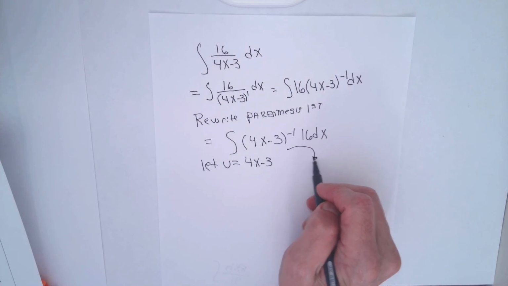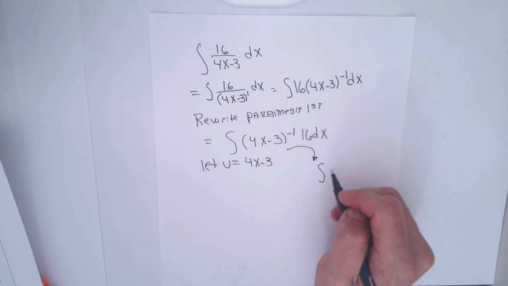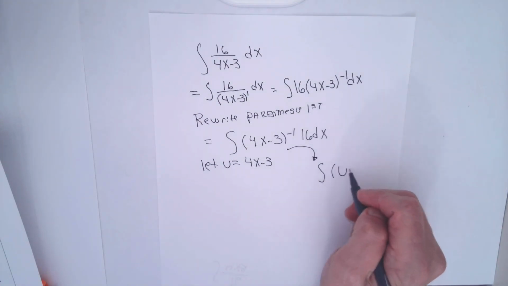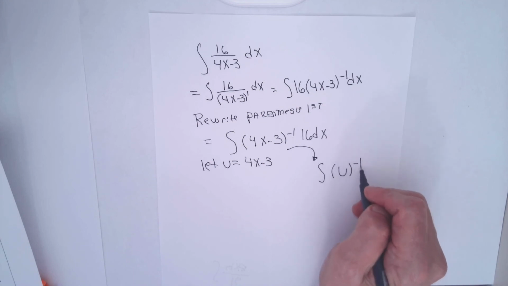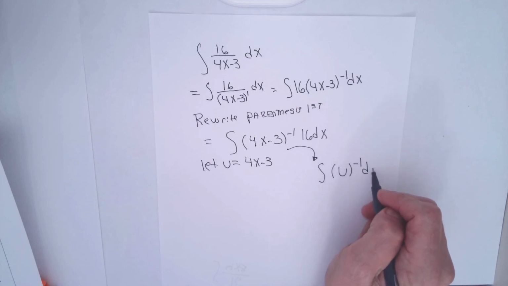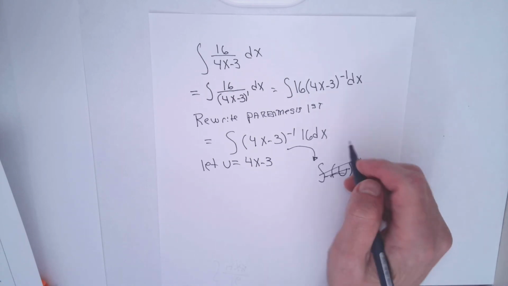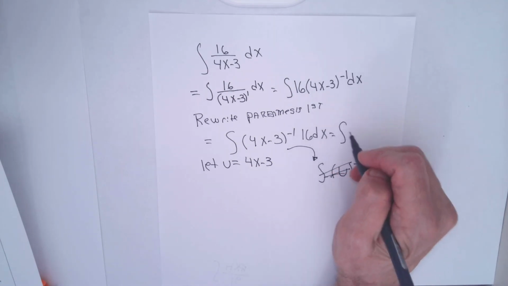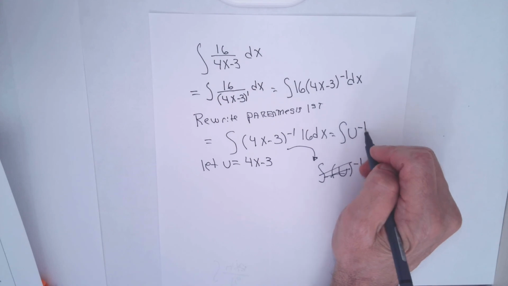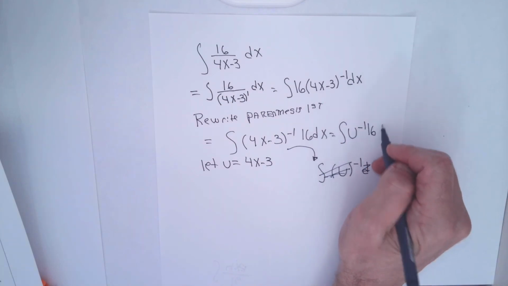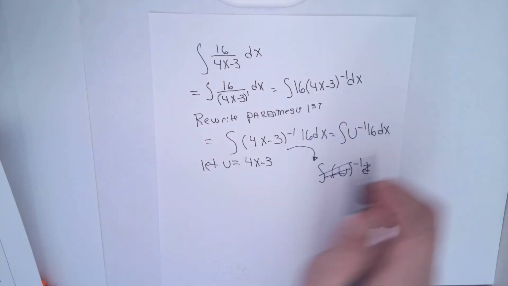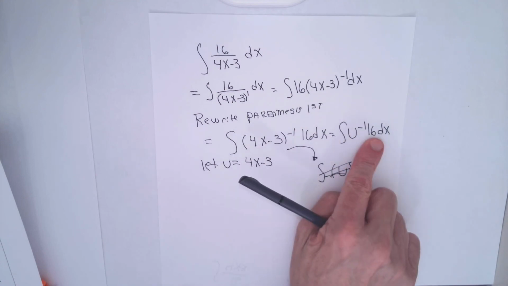That will allow me to take the problem and rewrite it. I really don't need the parentheses anymore, but I could have them if I care to. I'll skip the parentheses, it's not necessary, and write u to the negative 1 times 16 dx.